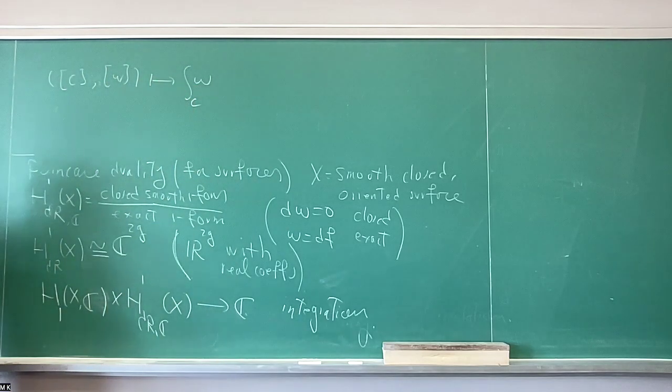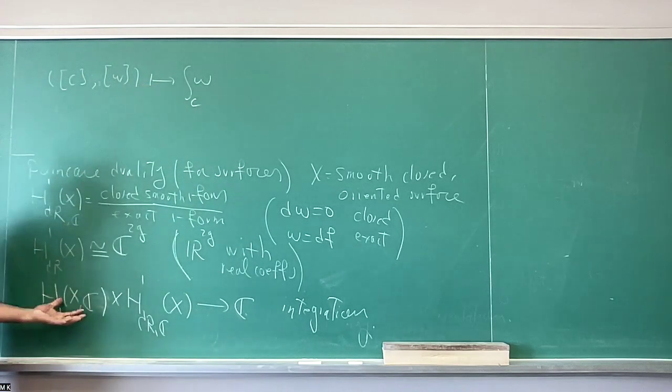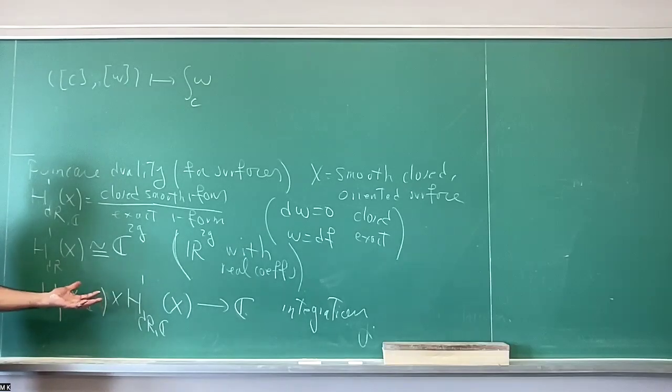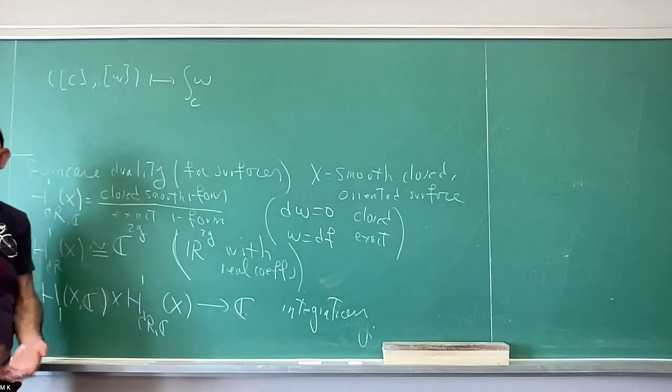At first you define this for usual chains, and then what is this guy? It consists of chains with complex coefficients. You linearly extend to all chains with complex coefficients, and this map is well defined.